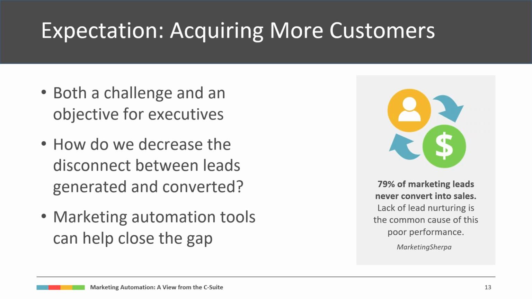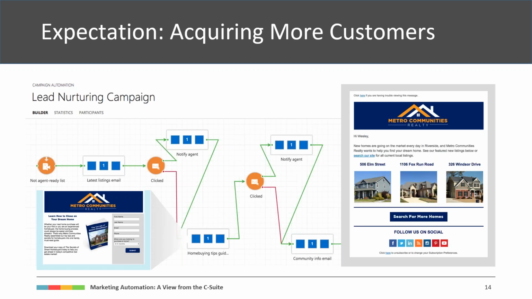So let's go ahead and move on to the next expectation. As you can see here, the other expectation that C-levels wanted to see is having the ability with marketing automation to acquire more customers.